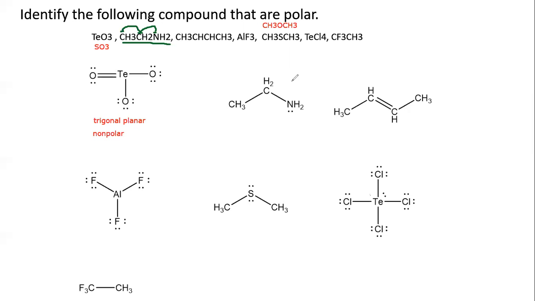And so already by looking at this structure, you can kind of gauge whether it's going to be polar or nonpolar. If you see here CH3, CH2, remember the CH bonds are nonpolar.